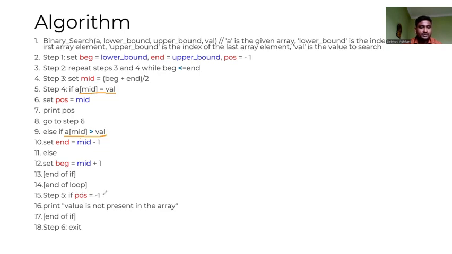If pos equal -1, then our target value is not matched in this array, so the value is not present in this array, and if present, it just returns the index number from this array.